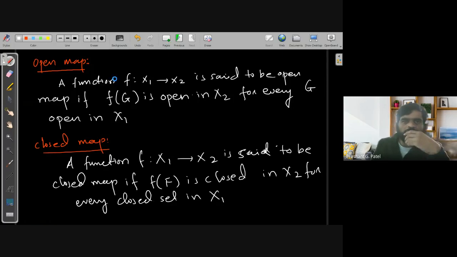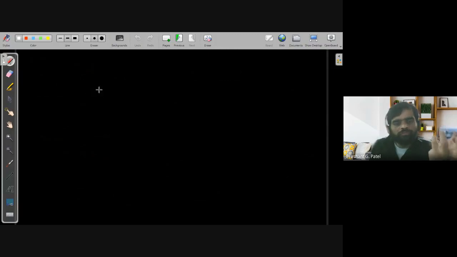Now the question is, what will be the relation between a homeomorphism and this open map? So I have two statements. Statement number one, f is a homeomorphism. Another statement, f is an open map.